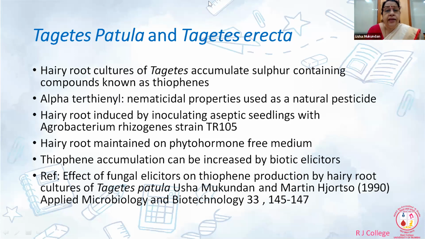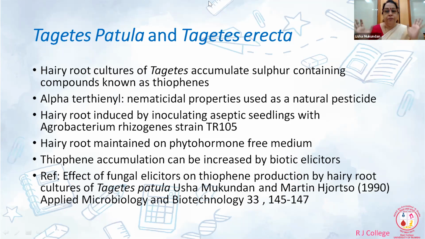So you can surface sterilize the seeds, germinate them in basal medium, and inoculate the hypocotyl region with, we had a very nice strain of Agrobacterium rhizogenes, TR105, very virulent, almost everything would get transformed. Asteraceae members and Solanaceae members are amazing.